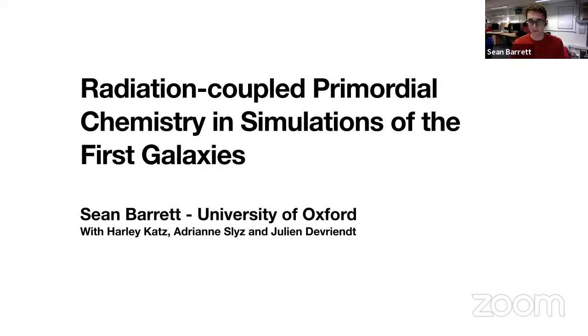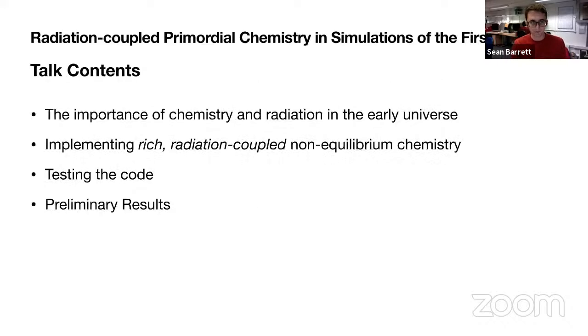I'm a fourth-year PhD student at the University of Oxford, and I'm going to talk about my radiation hydrodynamic simulations of the early universe with a chemical network attached. I'll discuss why chemistry and radiation are important in the early universe, how I've gone about implementing my model, how I've tested that it's doing what I claim it is doing, and I'll show you some early pictures from my simulations.